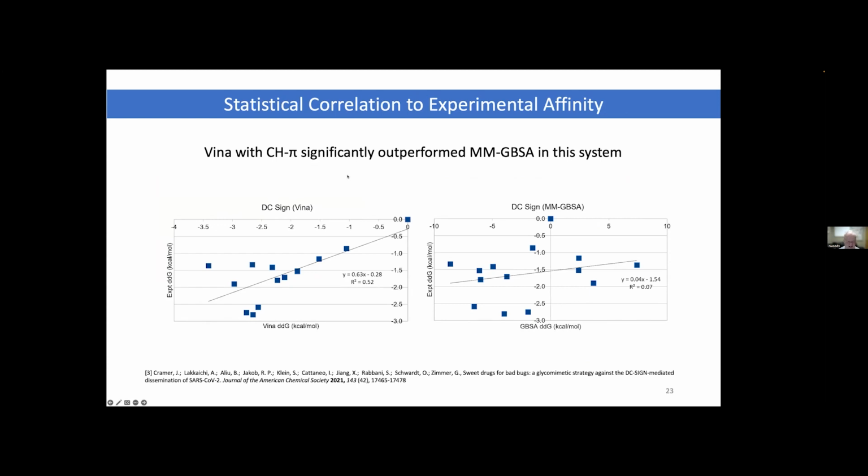But there are many things to consider here. Many, many things. This is back calculated from the MD. If the MD doesn't have good CH pi in it, because it's lacking that term, you can't expect it to score all that well with VINA or MMGBSA.